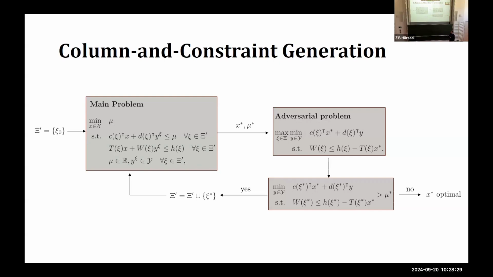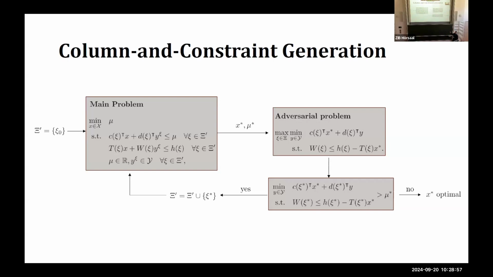So you're doing this iterative loop, where you iteratively add new scenarios to the problem. You do this by solving the adversarial problem. Let's say X star, mu star is the solution of this main problem. You're trying to find a scenario which violates your solution. So you're solving this inner max-min problem for your given solution.